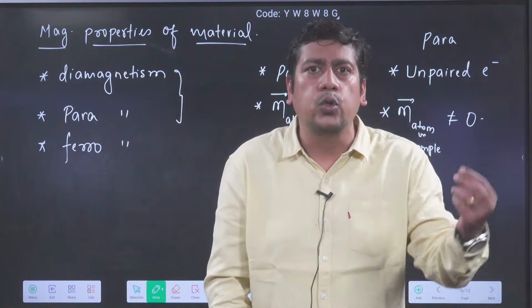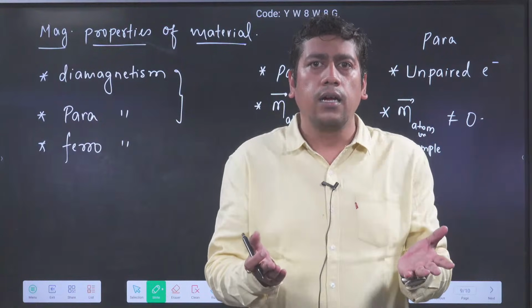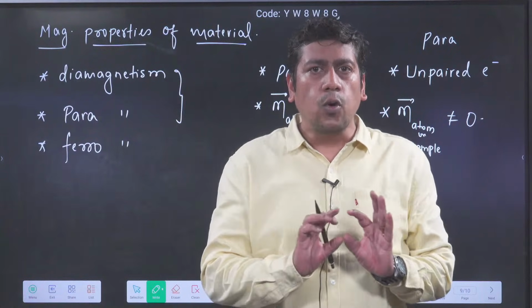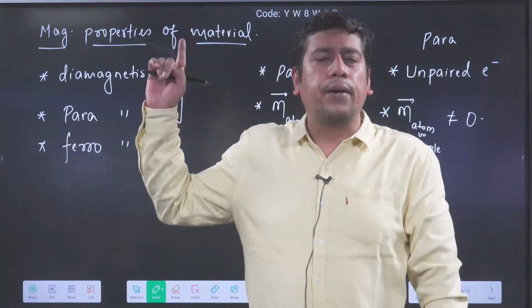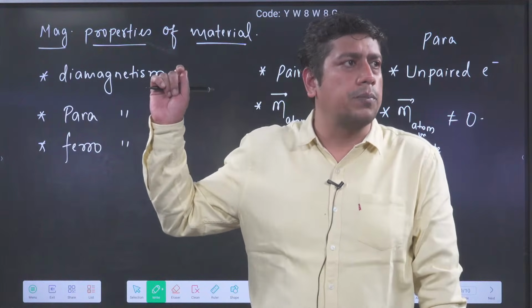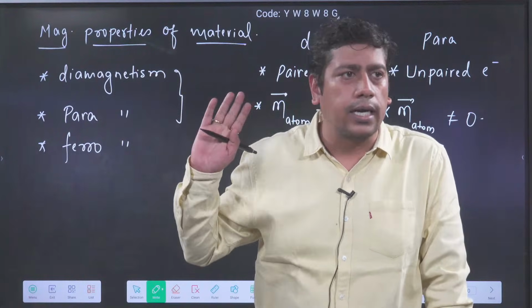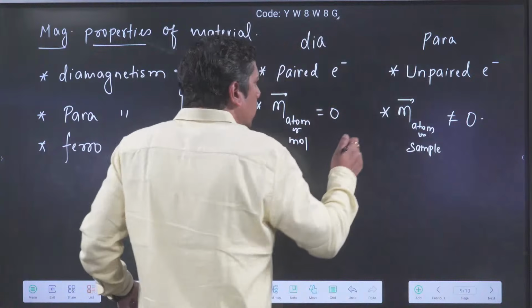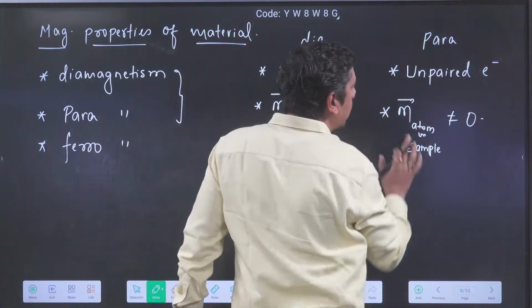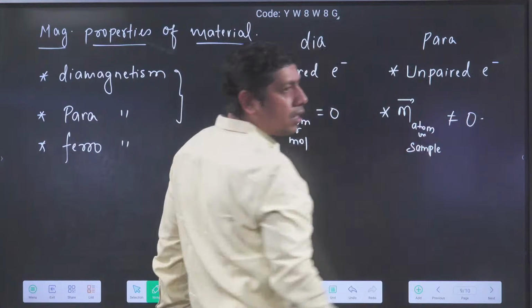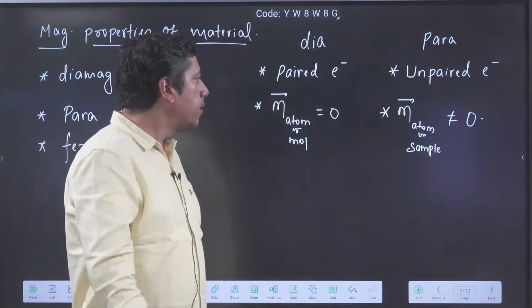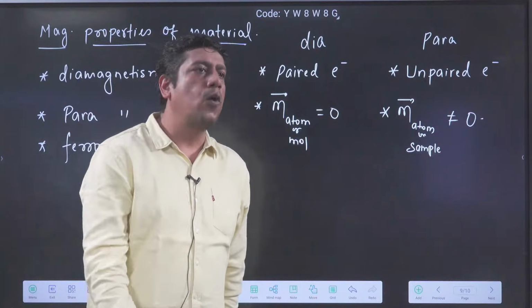The remaining core, 1s2, 2s2, 2p6, are paired. Are you getting it? So here all are paired except the last few electrons, maybe 1, maybe 2, maybe 3. I hope you are getting it. Okay? So due to those last unpaired electrons, the atom or sample is going to have some magnetic dipole moment.